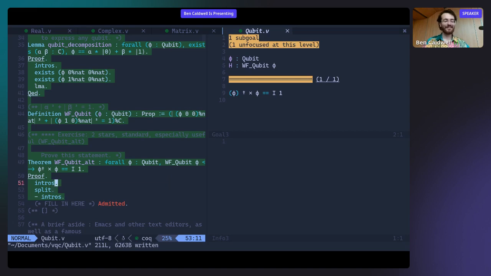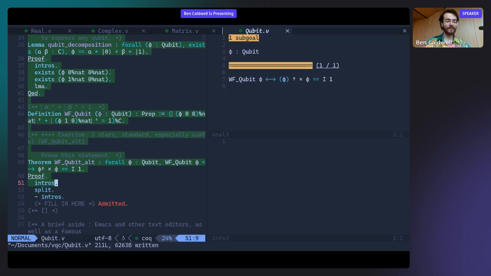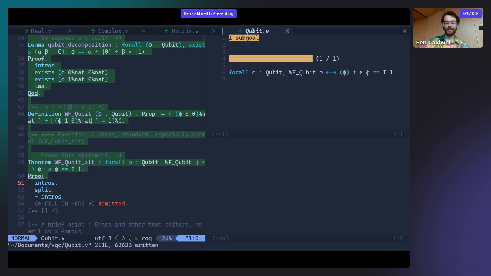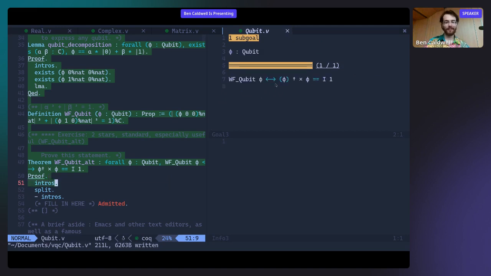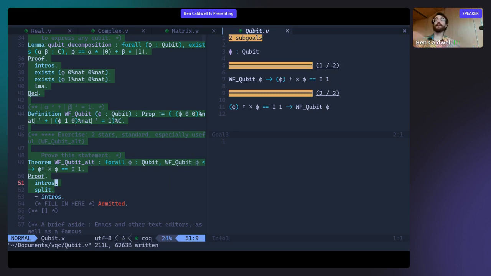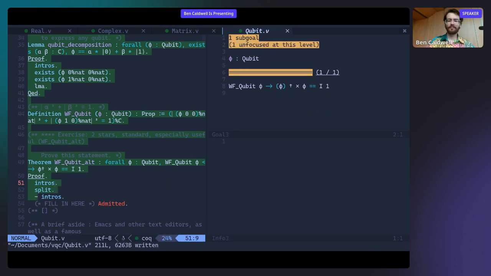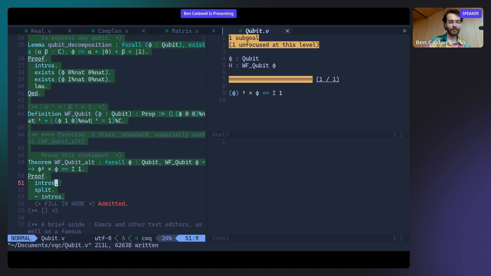Right. So going through this from the Coq point of view, we have this if and only if statement. In Coq, you use the split tactic, and then you prove one direction and then the other. So now we have this well-formed qubit.